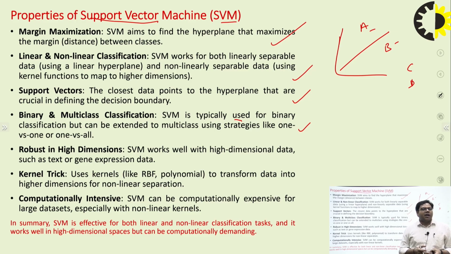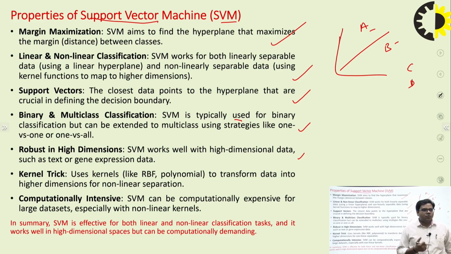Okay, robust in high dimensions, we already discussed it in the introduction part. If your data set has a good number of input features, it doesn't matter, it can handle such high dimensional data very easily. It can work in a good sense. Now the kernel trick, we already discussed, there are various kernels available with the SVM technique.